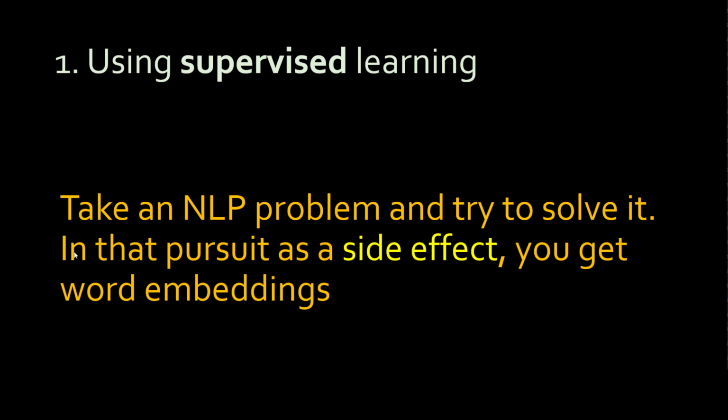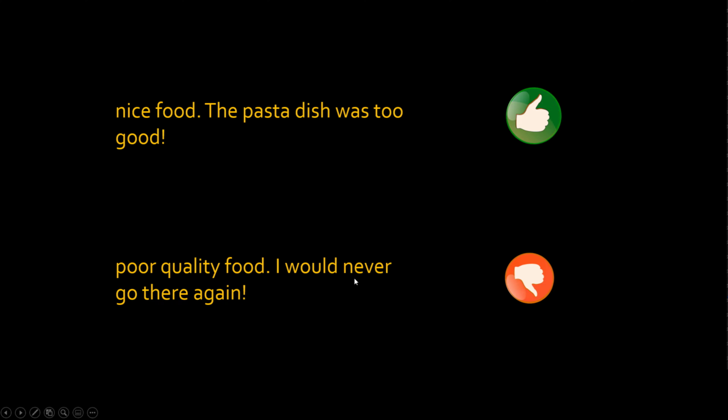What happens in this technique is you take an NLP problem and you try to solve that NLP problem, and as a side effect you get word embedding. The term side effect is very important and you will see why. Let's say you are doing a food review classification, whether the review of the food is positive or negative.